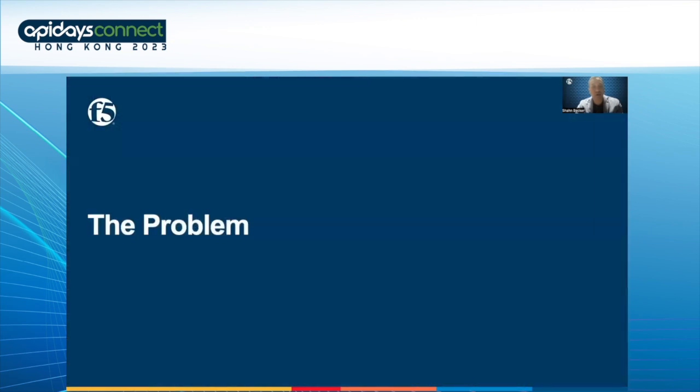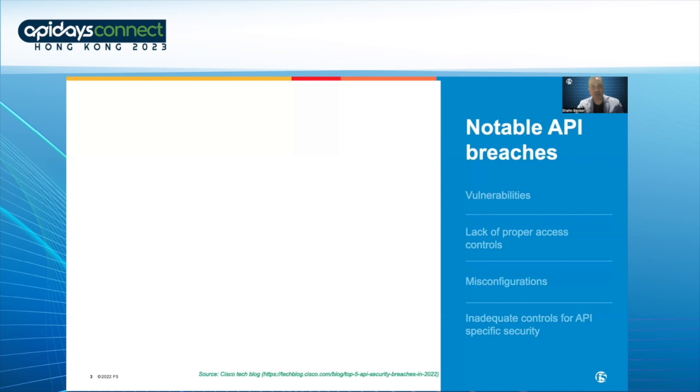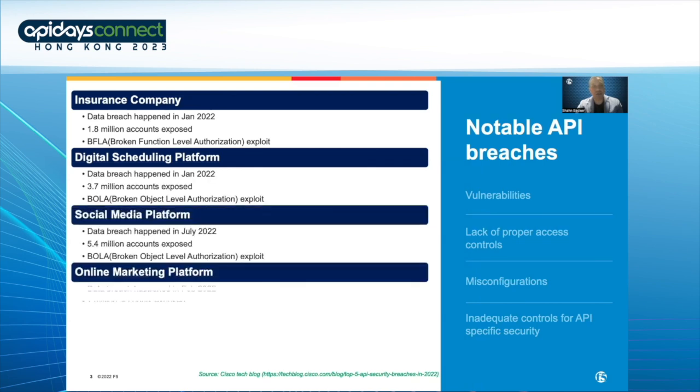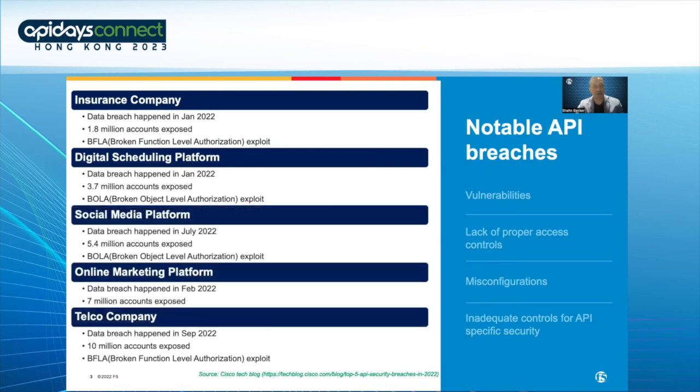Let's quickly start with the problem statement. We are living in a world where API security breaches are happening on a regular basis. Just for the year 2022 alone, based upon this tech blog, there were breaches across various industry verticals, be it insurance, finance, social media platform, marketing platform, or telco platform.